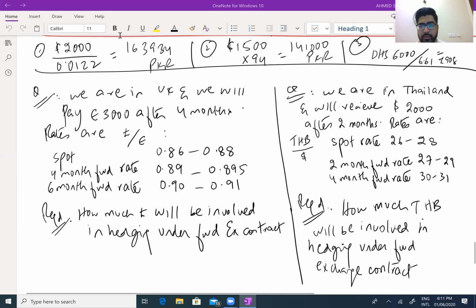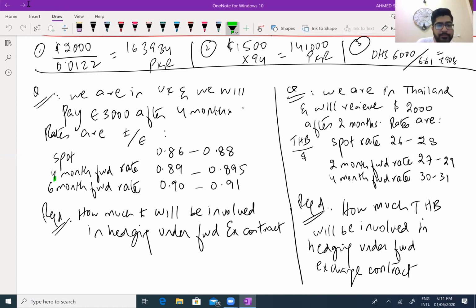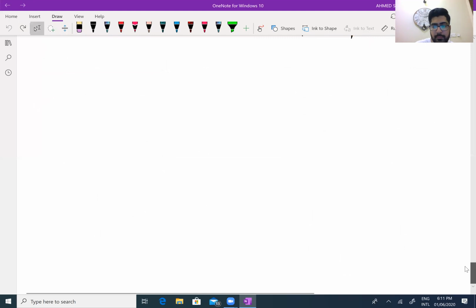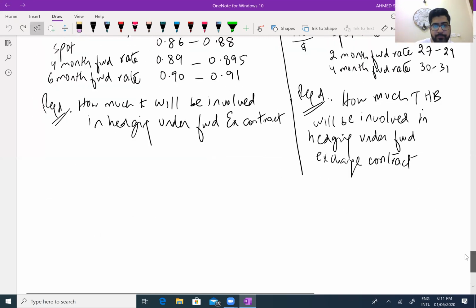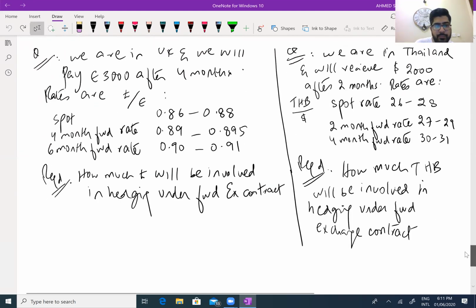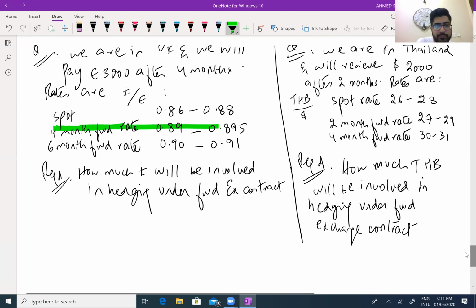Okay, now next two questions, and I think you have got enough information about forward exchange contract. The next question states we are in UK and will pay 3,000 euros after 4 months. The first thing I have to do is highlight my relevant row, which will be four months. The second thing is that I'm in UK.